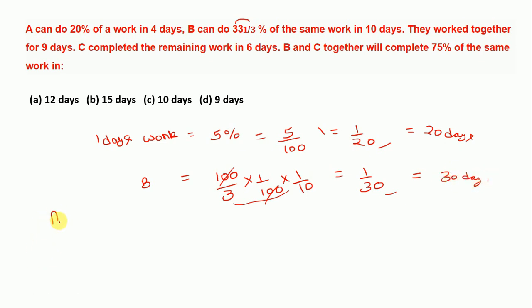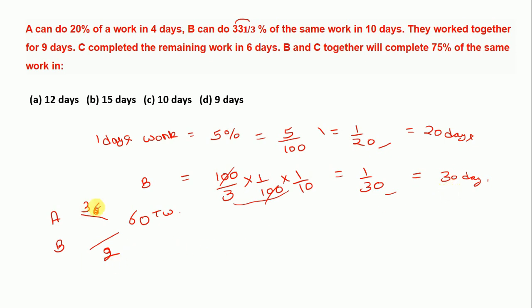Now, to calculate the efficiency of A and B, take the LCM of 20 and 30, which will come out as 60. So efficiency of A will be 60 divided by 20, which is 3, and efficiency of B will be 60 divided by 30, which is 2, because this is total work TW and this is the number of days they take.